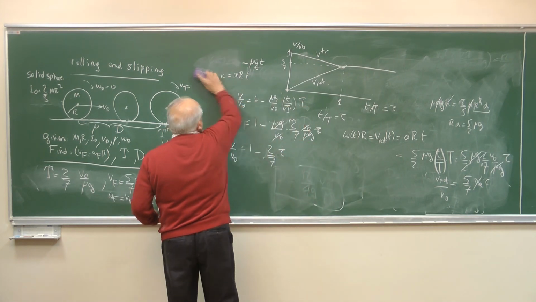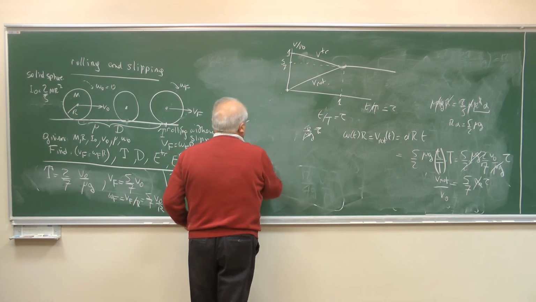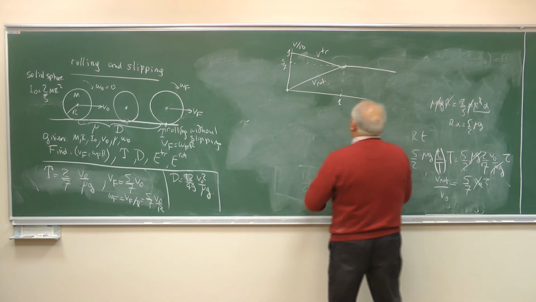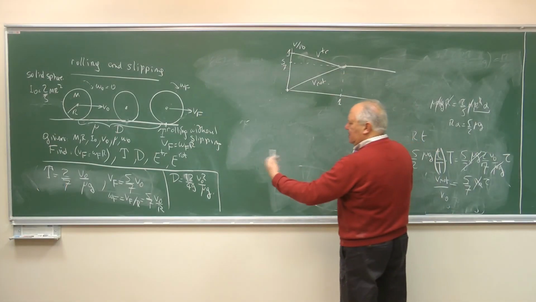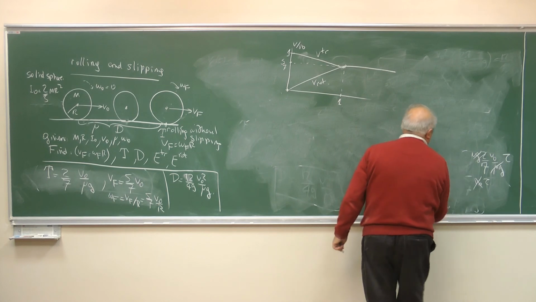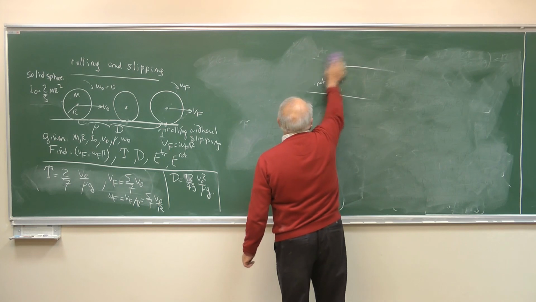I'm erasing all this. I want to show this graph. Okay, this is gone. This is also interesting in the sense that we measure time in terms of this t. It sets a time scale. So this is also gone.